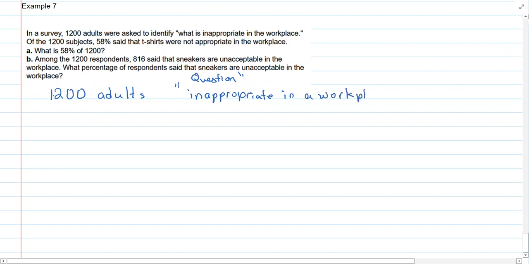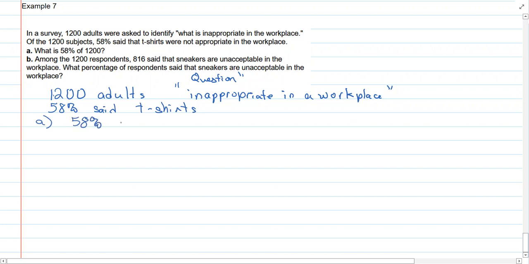This was an open-ended question because it could be anything. So, of the 1,200 subjects, 58% said t-shirts are not appropriate.